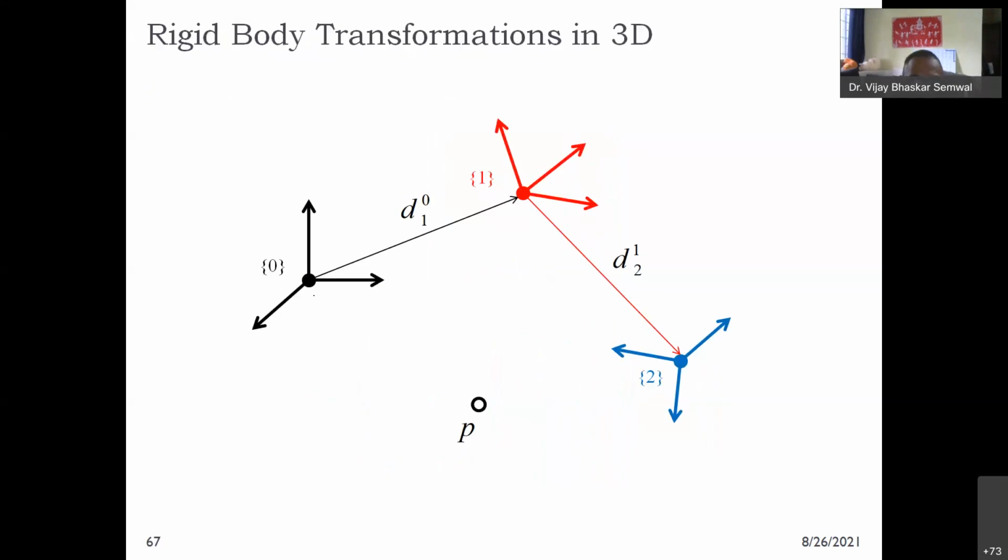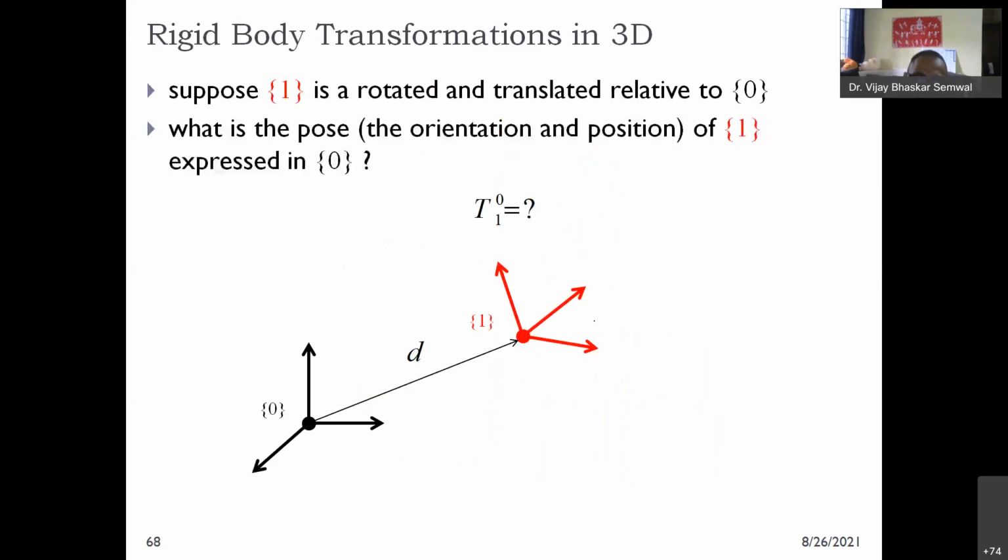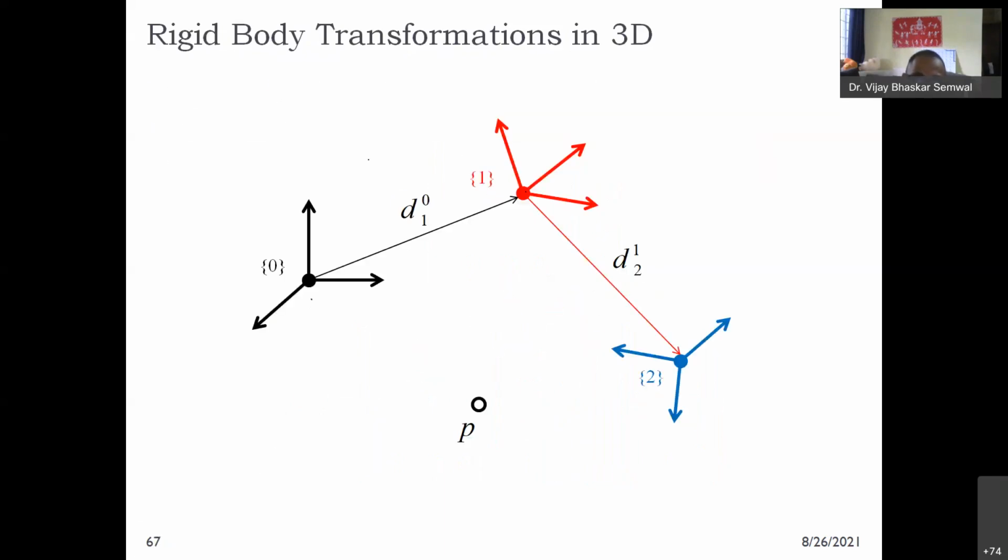So what is happening here? Frame 0 is here, frame 1 is here, frame 2, and the drone is moving from here to here. This is just displacement and rotation, and the same matrix can be utilized. Frame 1 with respect to frame 0, and frame 2 with respect to frame 1, and you can get the frame 2 position with respect to frame 0.